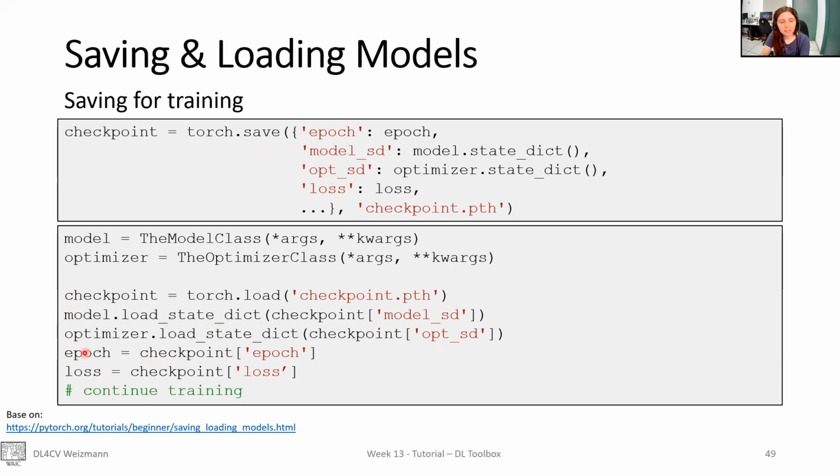And of course, set the epoch and the loss and any other things we need to continue training fluently. Again, this is very powerful because then you're not restricted to the amount of resources or time that you get from Google Collaboratory or from any other external resources.